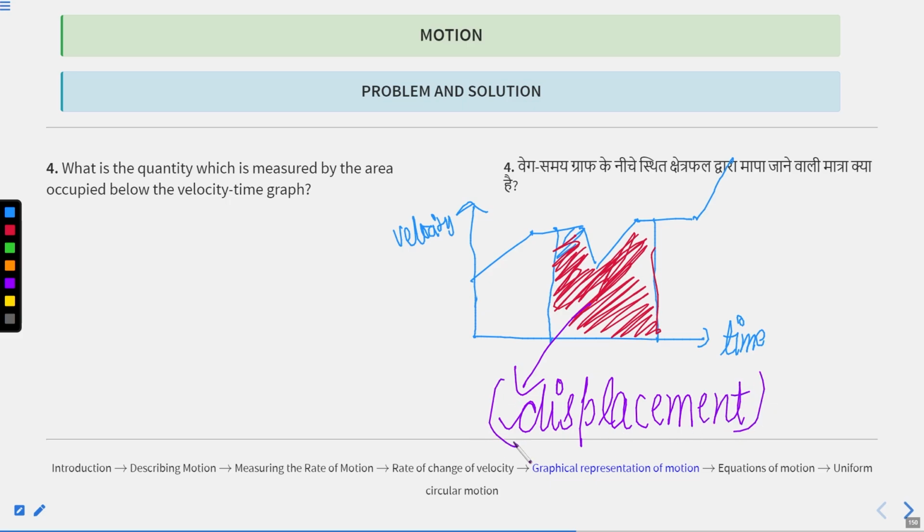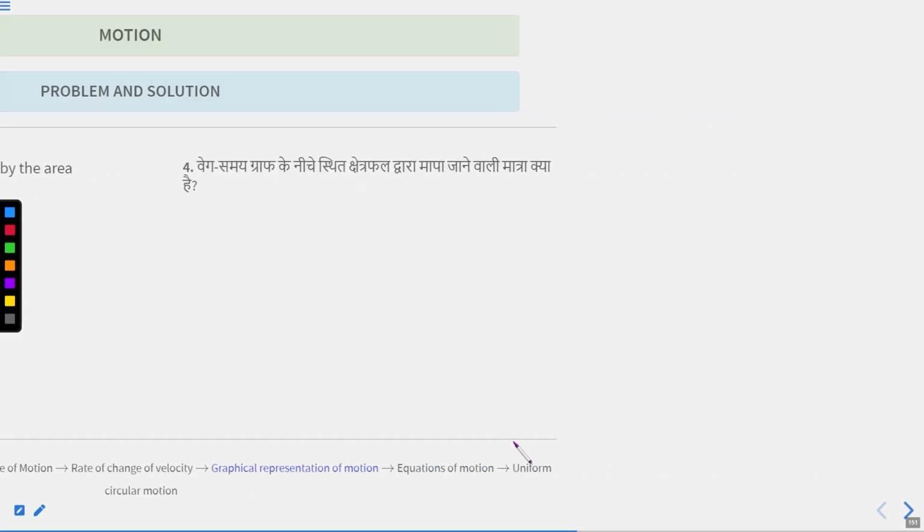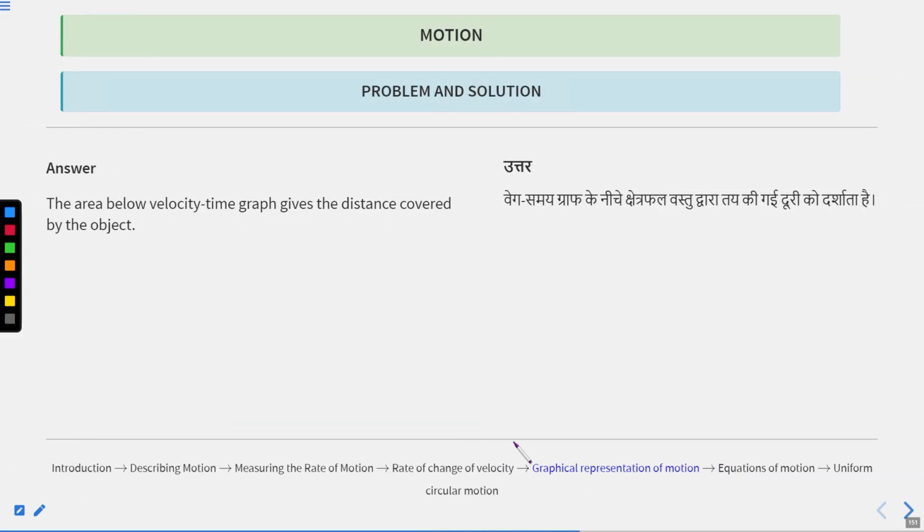So the area under the velocity time curve gives distance or displacement, depending on the question. Displacement is also a correct answer.